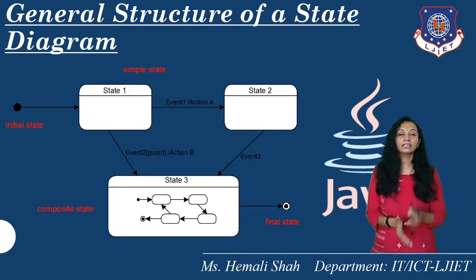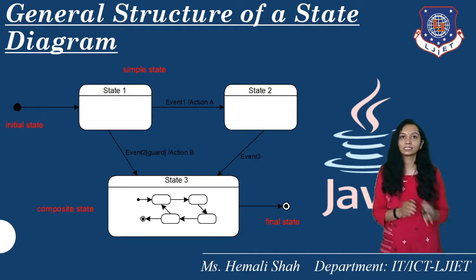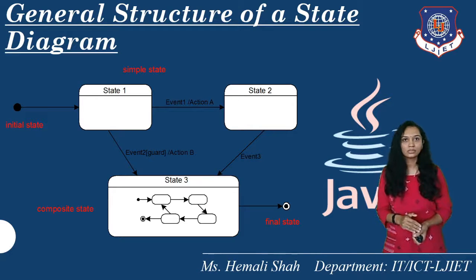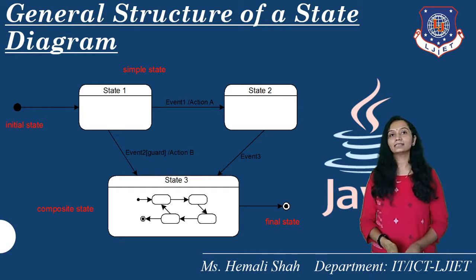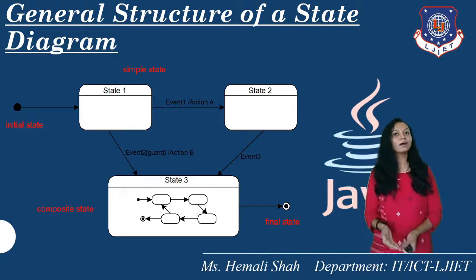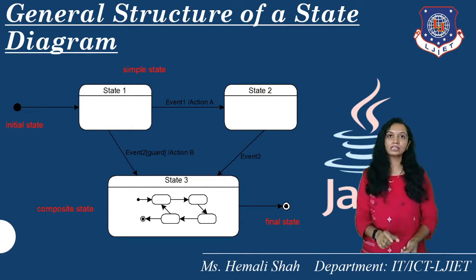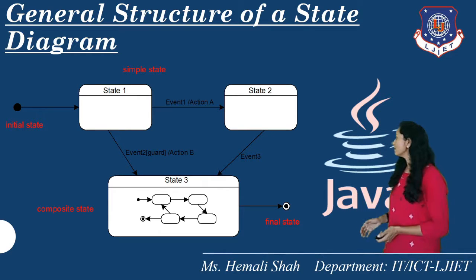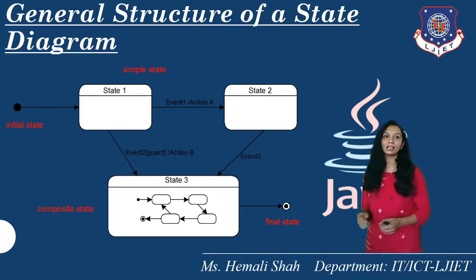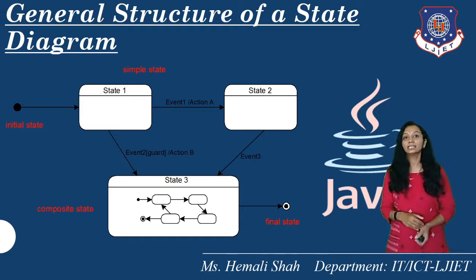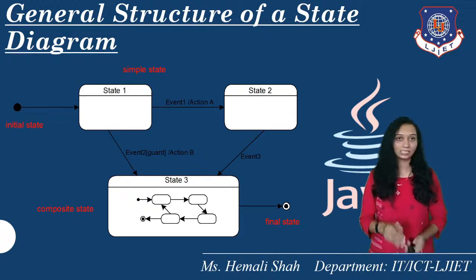The transition that represents the movement of your object from one state to another state you can represent by using arrows. Over the arrow you have to write some condition, or some actions that will be performed on the particular object. Because of that event or action, your object state changes in your system. Now you can represent multiple states by combining them in a single state, which is called a composition of states, and it can also be called a nested state.